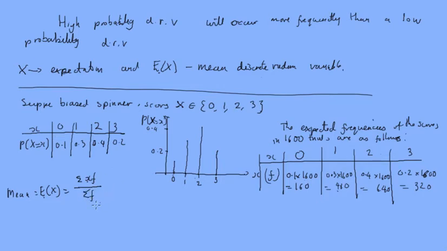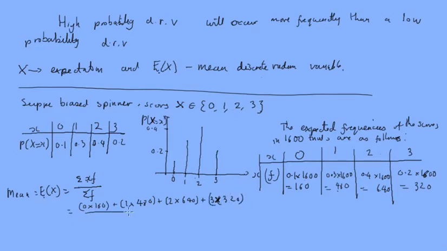So for this I'll write this down here, we would have 0 times 160 plus 1 times 480 plus 2 times 640 plus 3 times 320.